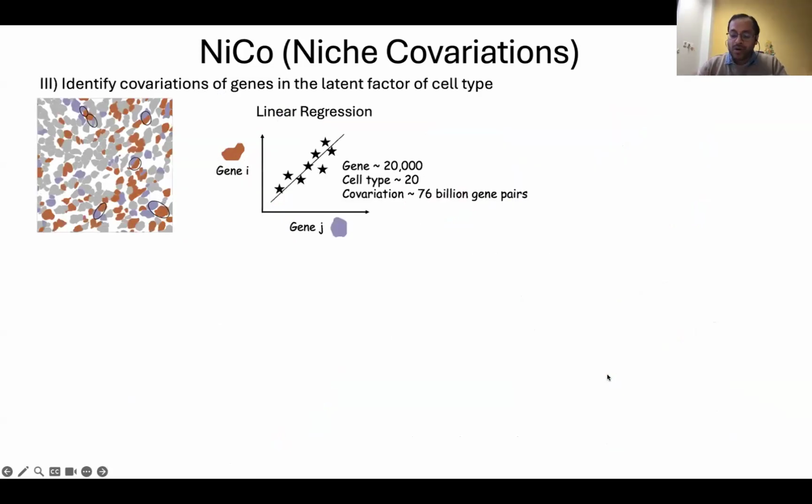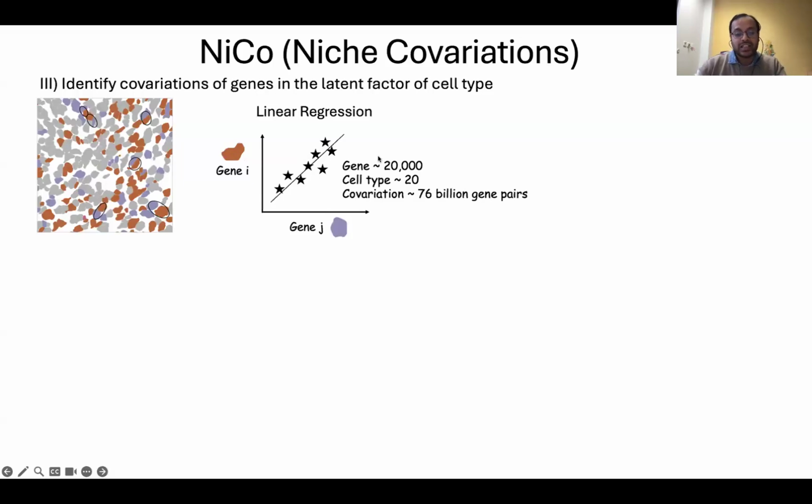Then the third module is niche covariation. When two cell types, red and blue, co-localize together in many places in the tissue, our question is what is the relationship between gene I in the red one and gene J in the blue one.